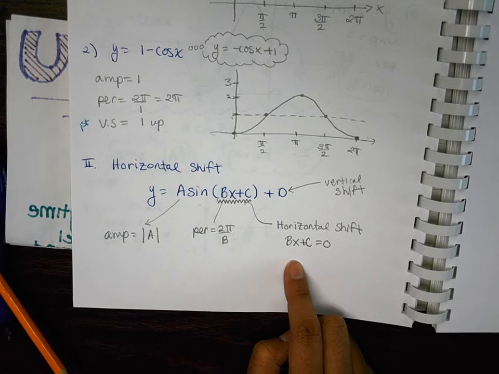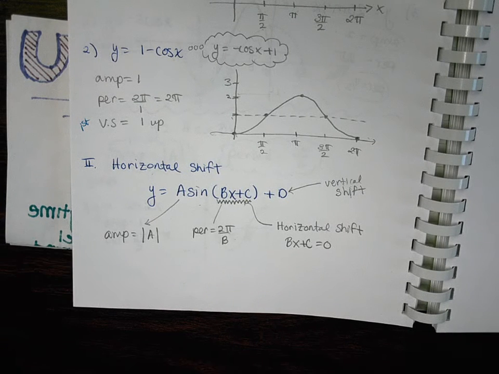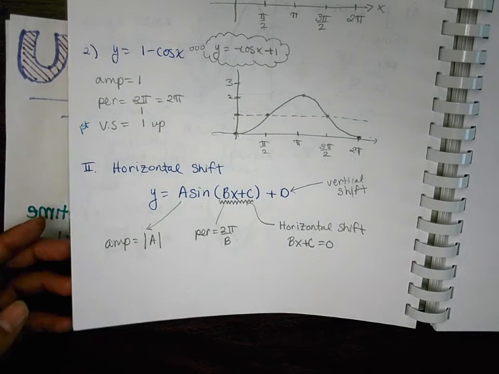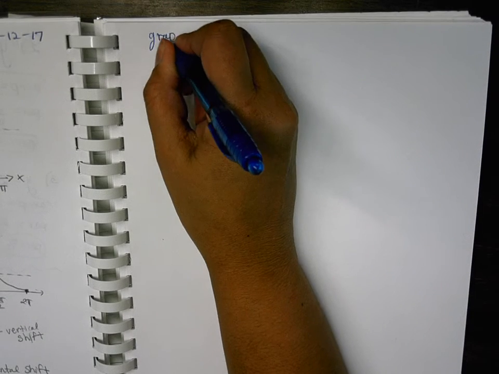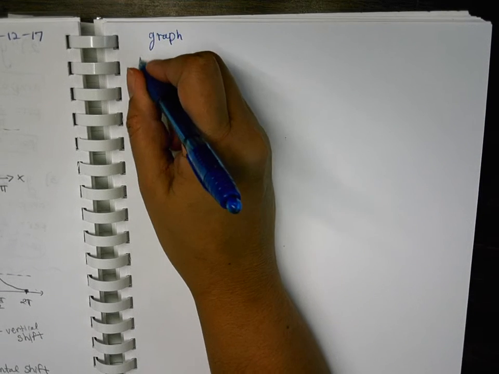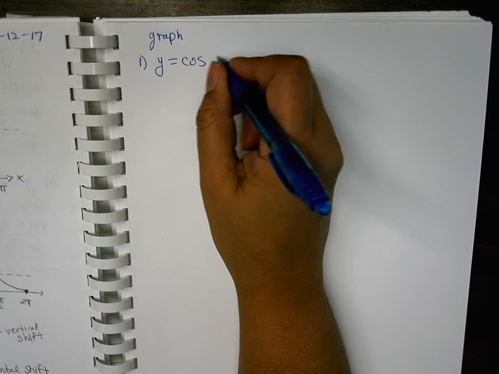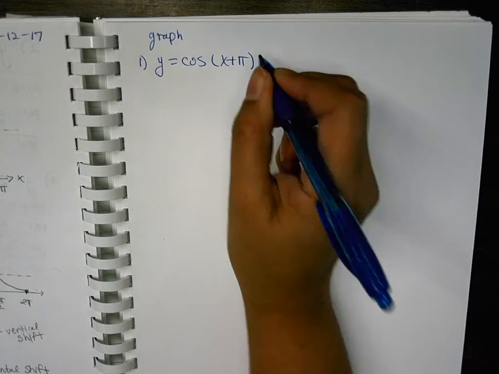Got it? Okay. Now, I didn't think to ask your Math 3 teachers from last year which way they taught it. So I'm going to take information from you guys. I'll explain it my way. We'll talk about which way works: cosine of x plus pi.